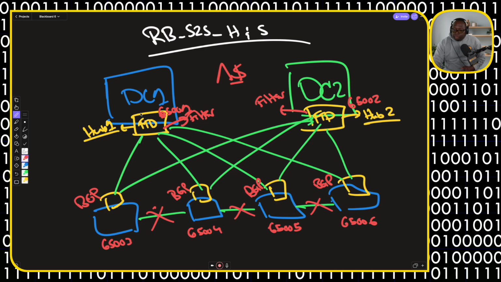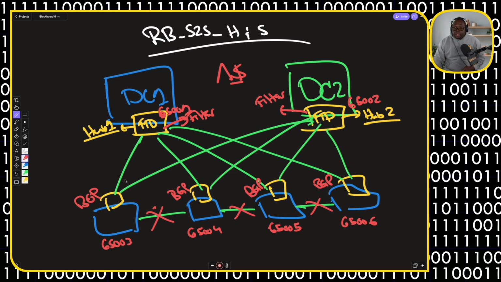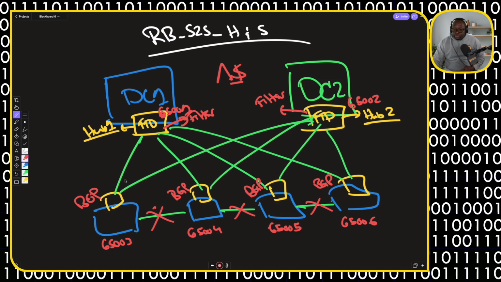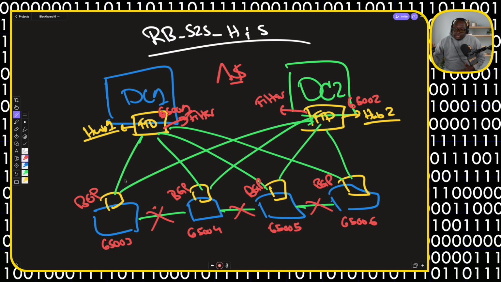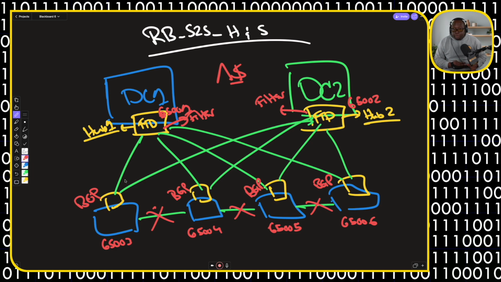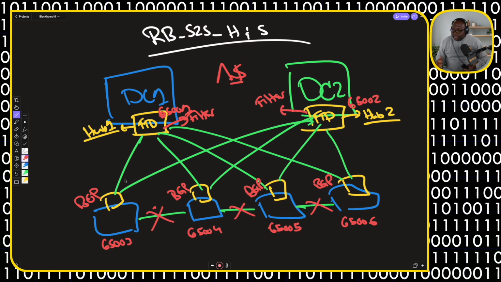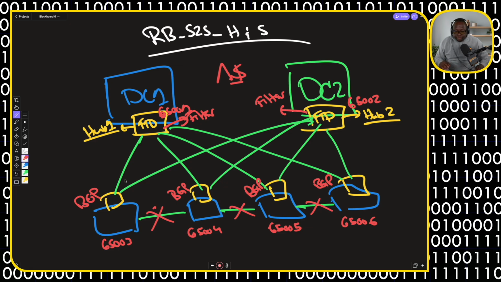So from the FTD at the hub perspective, you're going to do that filter list so that the only networks that are going to be advertised to the spokes are going to be data center networks. And that's really it. And that is route-based style VPN's hub and spoke topology in a nutshell from a theory standpoint. Now let's go into the lab and I can actually show you what it looks like on the FTD.